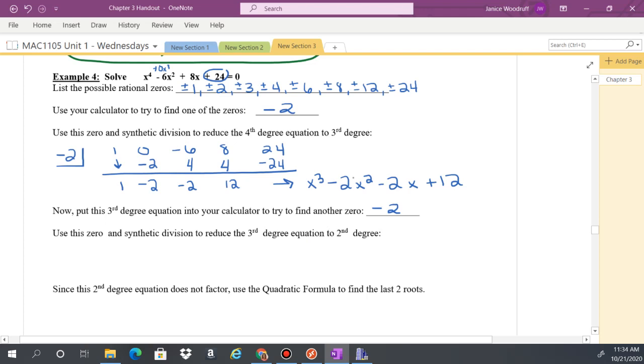So now I'm going to take this function here and divide out -2 again. So I've got a 1x cubed, -2x squared, -2x, and 12.